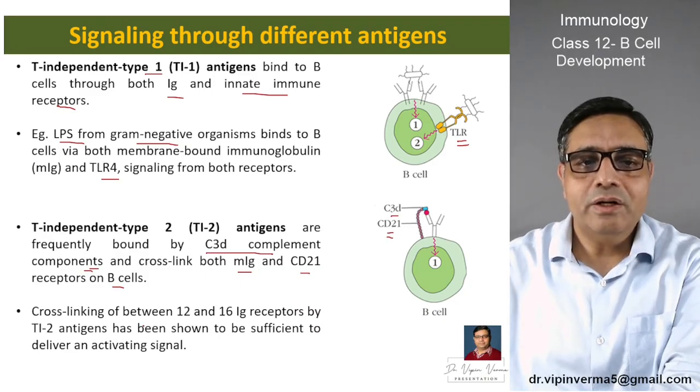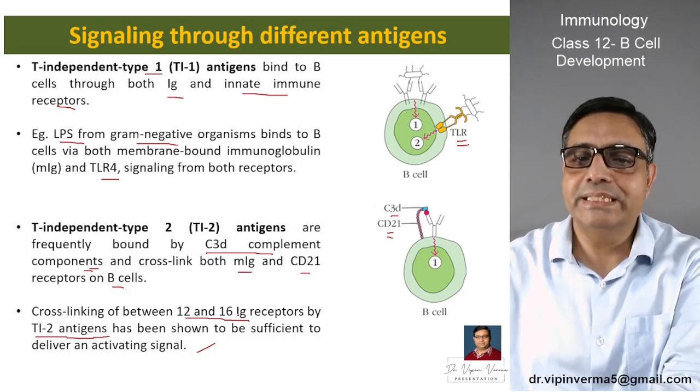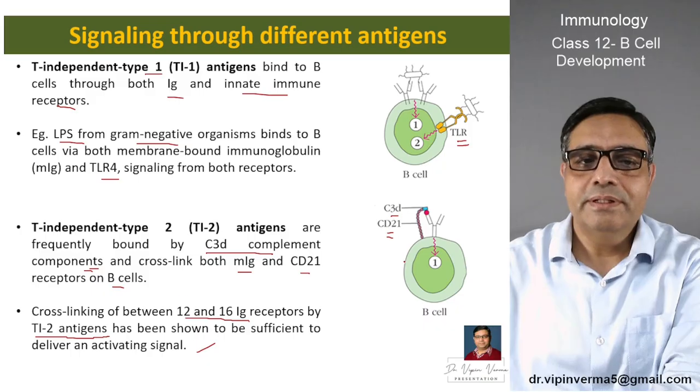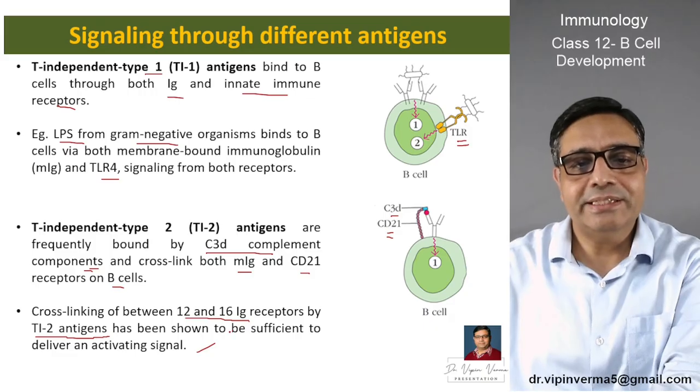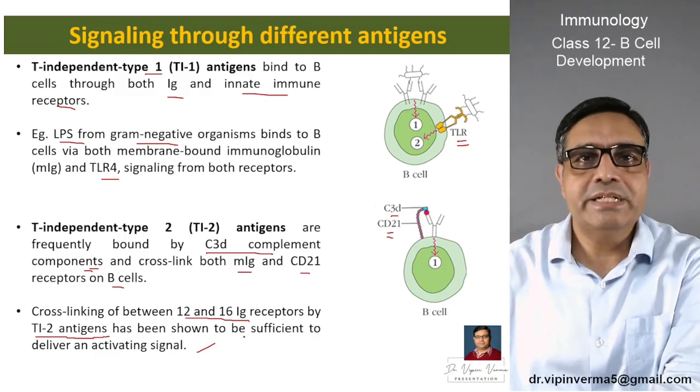So cross-linking of between 12 and 16 immunoglobulin receptors by TI-2 antigens has been shown to be sufficient to deliver an activating signal. So once between 12 to 16 Ig receptors are cross-linked by these type 2 antigens, then it is sufficient to deliver an activating signal and the cell will be activated.